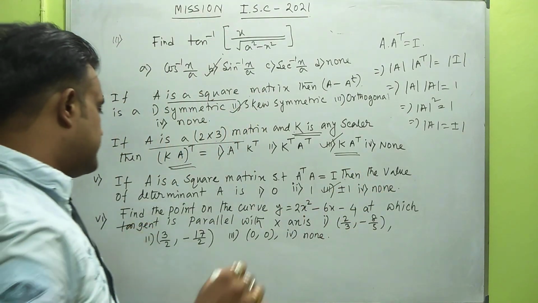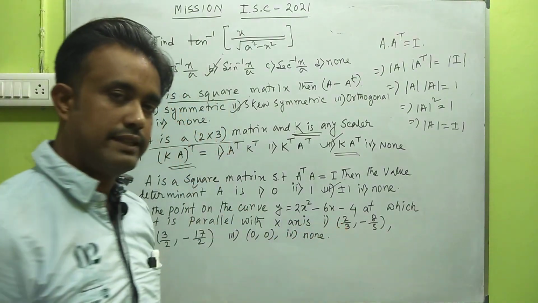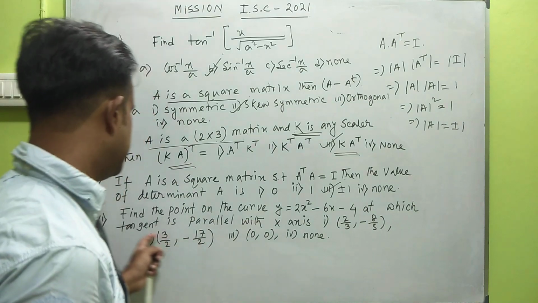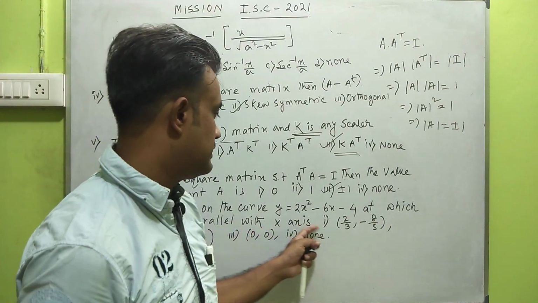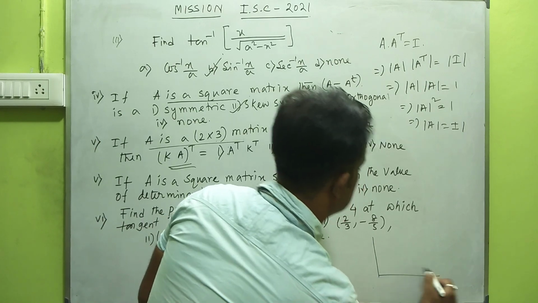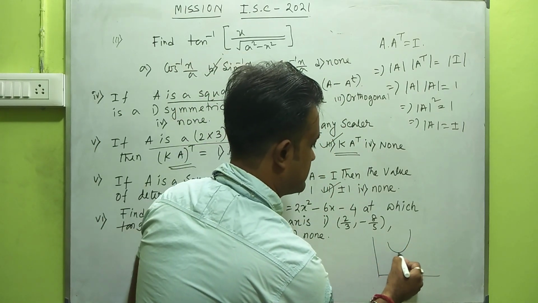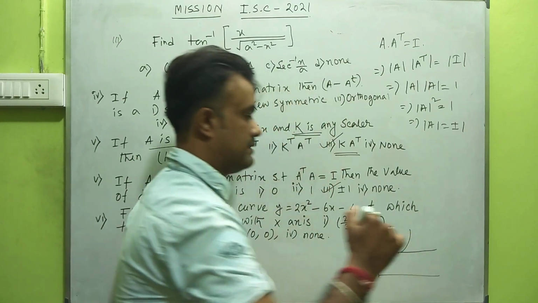In the next sum, find the point on the curve y is equal to 2x square minus 6x minus 4 at which the tangent is parallel with the x-axis. So if we draw this diagram, suppose this is a curve and its tangent is parallel with the x-axis.